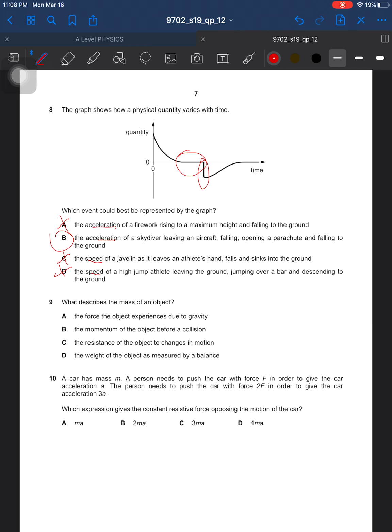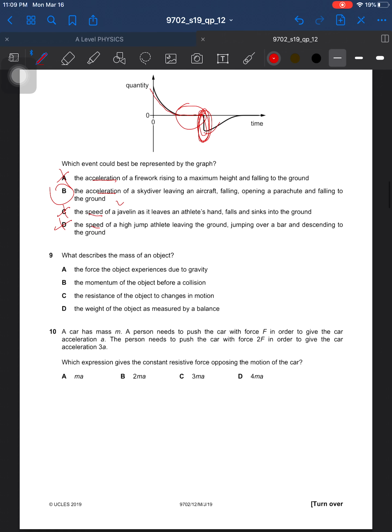When it is falling, acceleration versus air resistance, so acceleration decreases until it reaches its terminal velocity, when acceleration is 0. At this point it opens a parachute, and then falls to the ground. So definitely B satisfies the drawing of the graph. So B is the best answer.